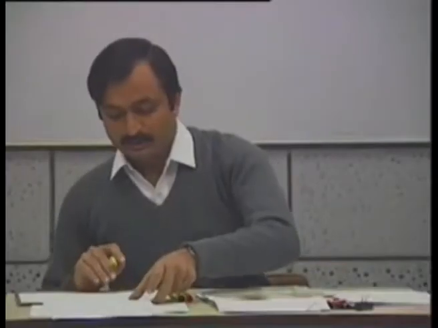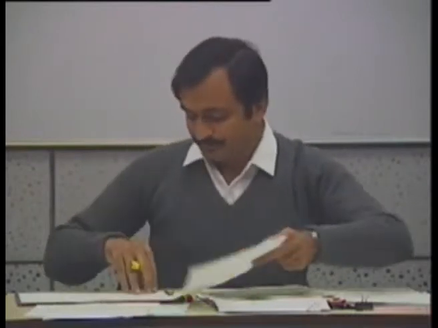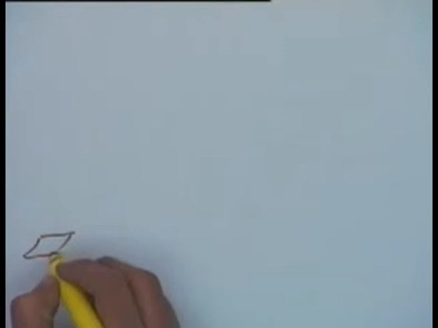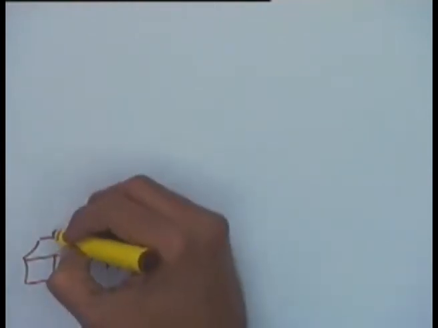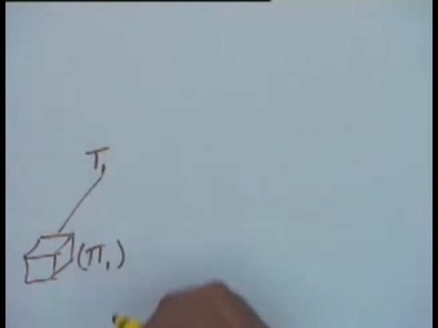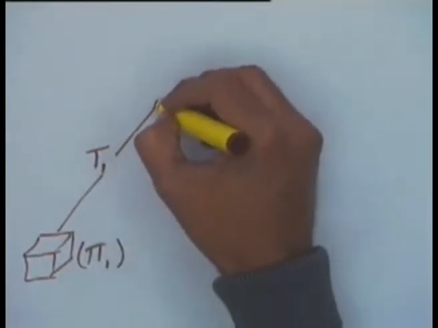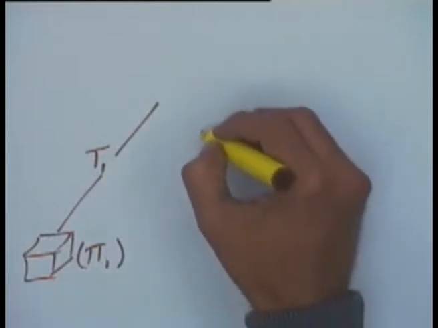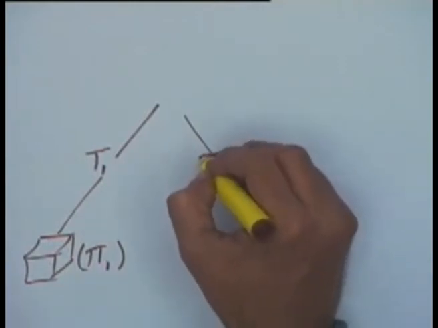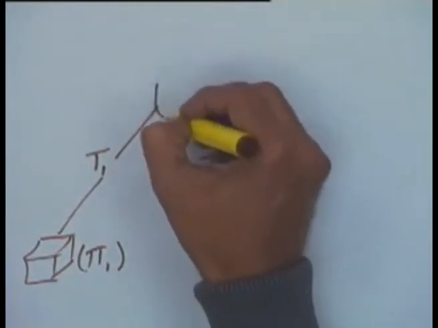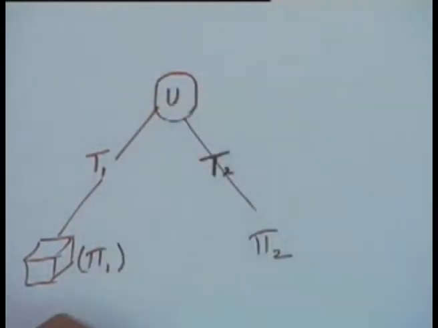The point that I want to make now is that, let's say we have a unit cube. This is a primitive, let's say pi 1 in this case. I am transforming it through some transformation T1, and then I am getting another object, and let's say I have taken another primitive pi 2 which is being transformed through, let's say, T2, and then let's say I am taking some Boolean operation of that, maybe the union.